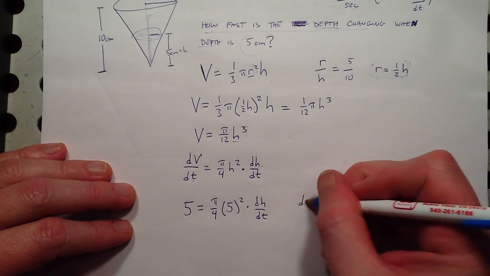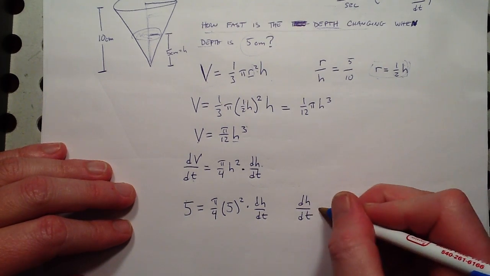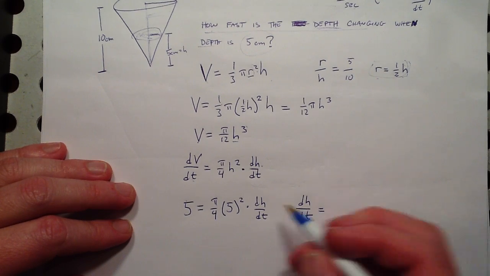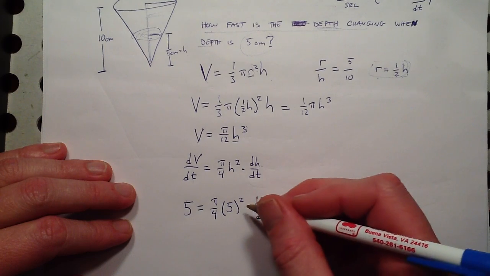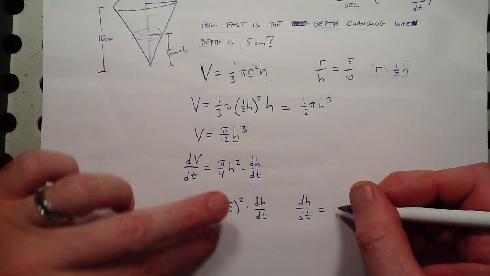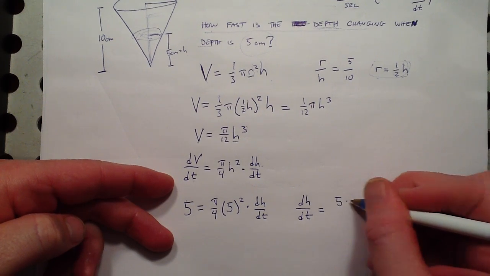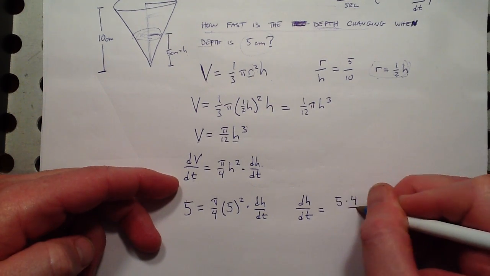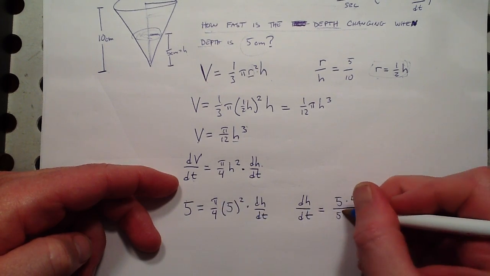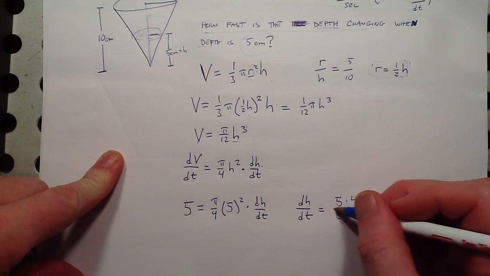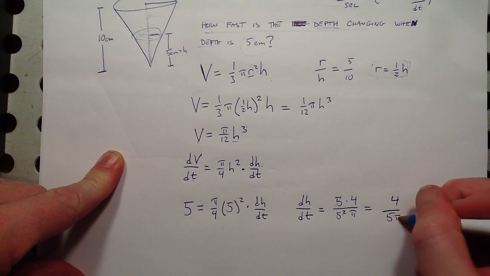I'm not going to get my calculator out and find the decimal answer, but it looks like we would have, let's see, this would flip over on the other side, right? So that'd be 5 times 4 over pi, and then the 5 squared would end up on the bottom here, something like that. Well, the 5's cancel, so it looks like it's 4 over 5 pi.